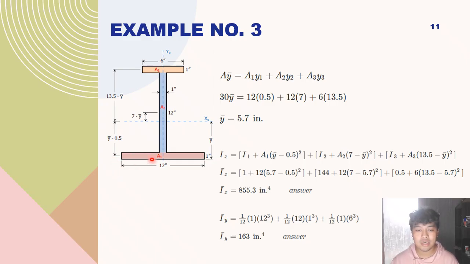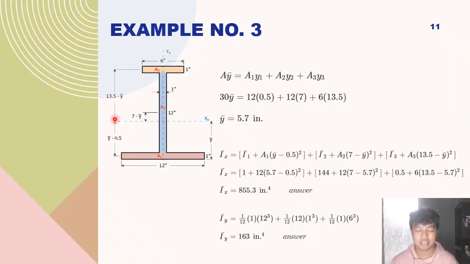So because it is located at 5.7 inches, the distance of the centroid of area 1 with respect to the centroid of the whole thing, the x-axis, is going to be 5.7 minus 0.5. 0.5 is the distance from the bottom towards the centroid of A1.